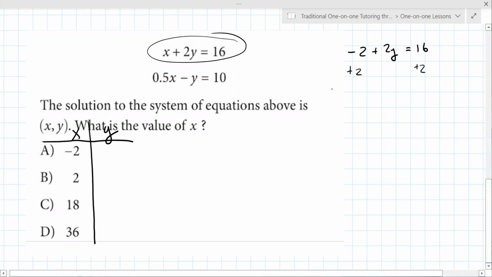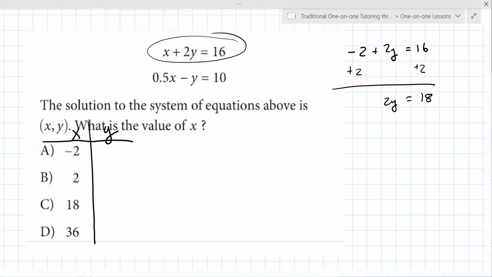Yeah, add 2. Okay. And then 2y equals, what is 16 plus 2? 16 plus 2 is 18. Okay. And then how do you solve for y? You have to divide. Y is 9. Okay.